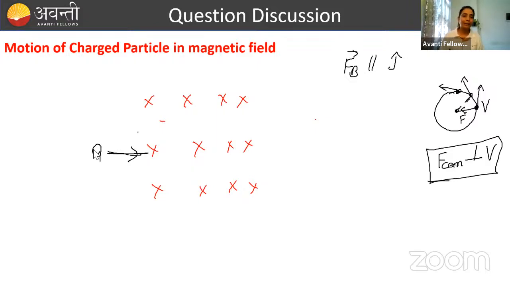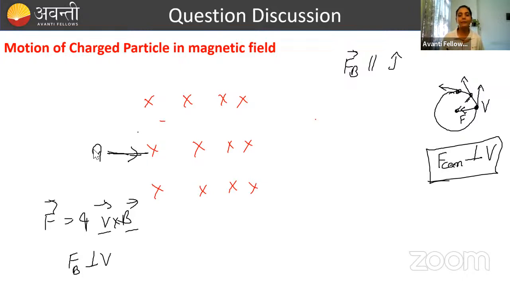Something like this. And here if you see carefully, what is the magnetic force? The magnetic force is Q V cross B. So definitely this force is the cross product of V and B, so F will be perpendicular to both V and B. Finally, the magnetic force is perpendicular to the velocity. It means because of this force, this particle will go in a circle.